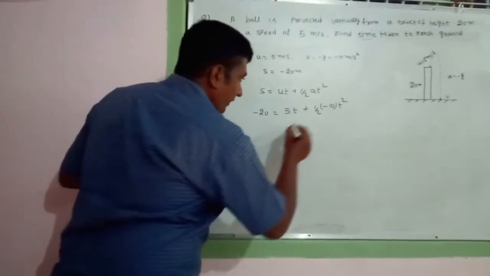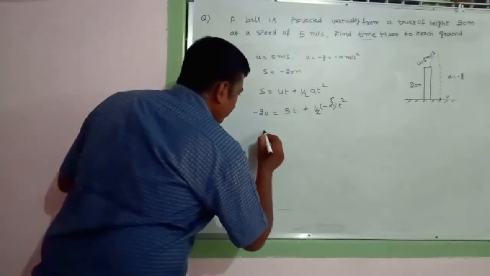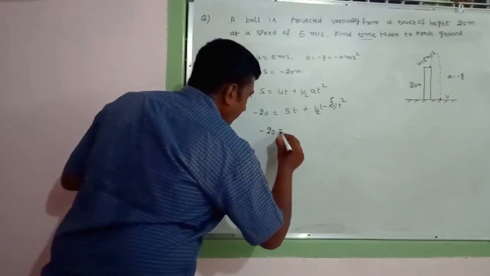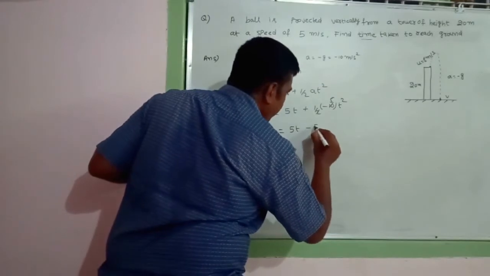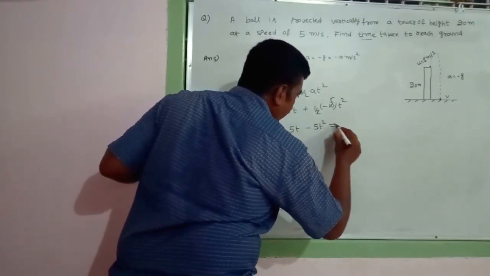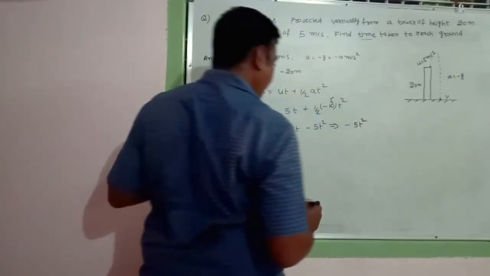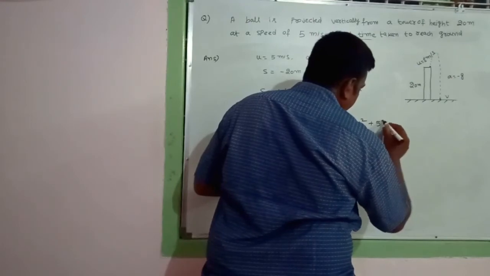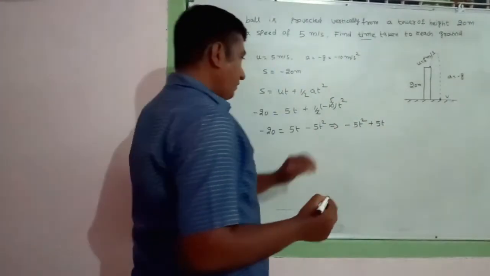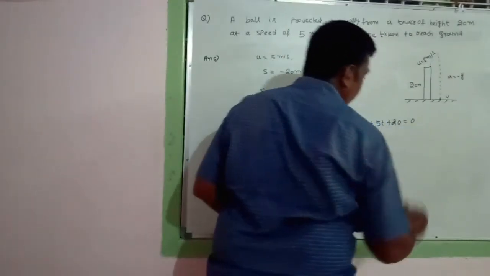With the help of this, I can take 2 1 2 5s, which is minus 20 equals 5t minus 5t square. If we modify this equation, minus 5t square plus 5t, and moving the minus 20 to this side, plus 20, is equal to 0.